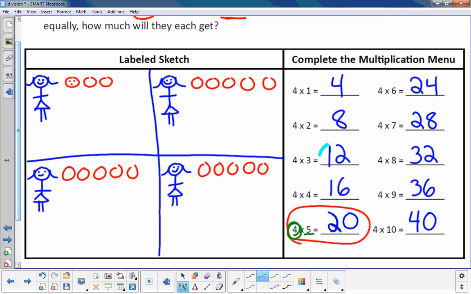So now they all have 5, and that's 20. 4 times 5 is 20. And the problem, Mrs. Knowles baked 22 cookies, so there are 2 cookies left over.